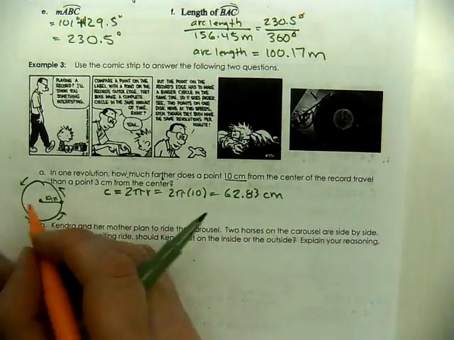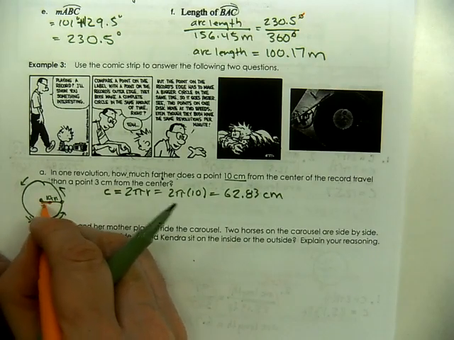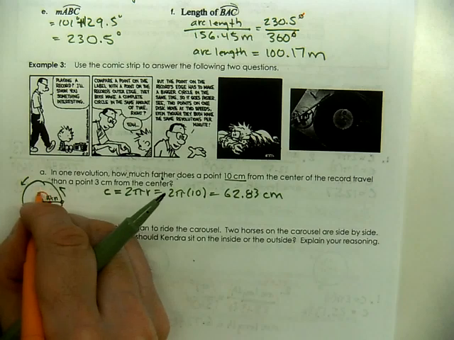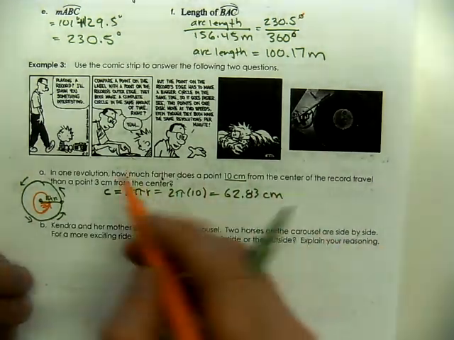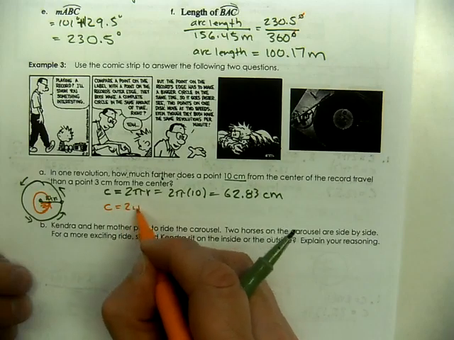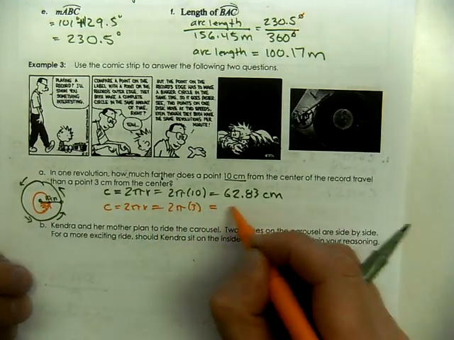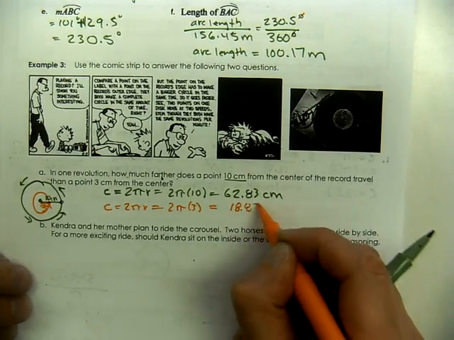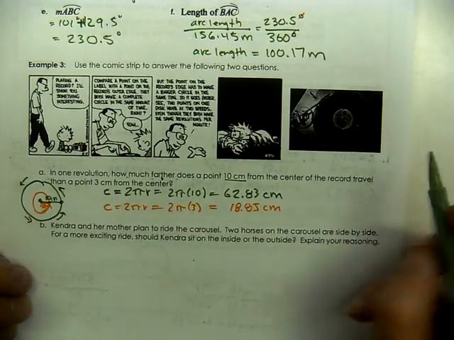Now if you are right here, closer to the center, then your radius is just 3, and you're traveling a much smaller circle, which means you have a smaller distance that you're traveling. So in that case, with a radius of 3, you are traveling only 18.85, much, much less. So the question is, how much farther have you traveled?